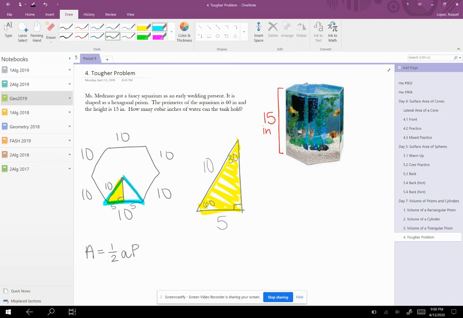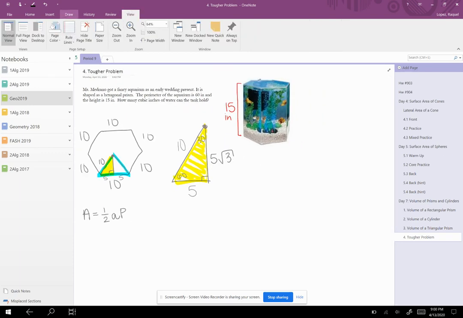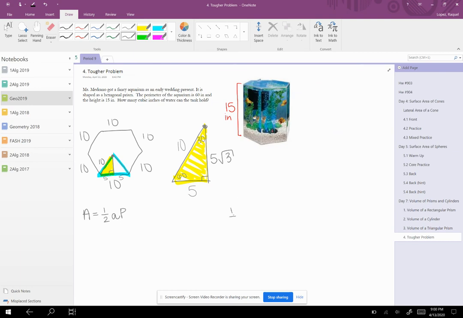From there, you can reach for your 30, 60, 90 right triangle ratios. And so I know that the small side is 5. That's going to be your x, which means your height is going to be 5 root 3. Okay, so now I've got my apothem. I'll go ahead and zoom out here. So the area of the hexagon is 1/2, 5 root 3 times the perimeter, which in the problem they told us is 60.